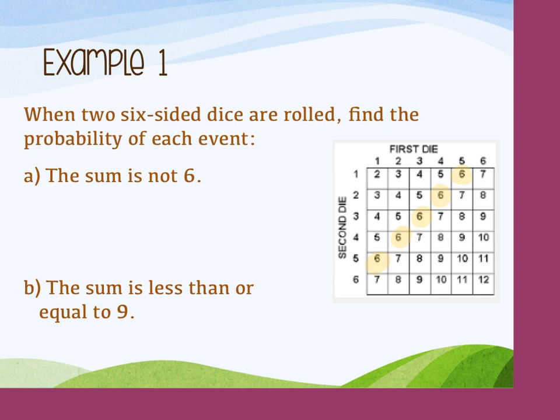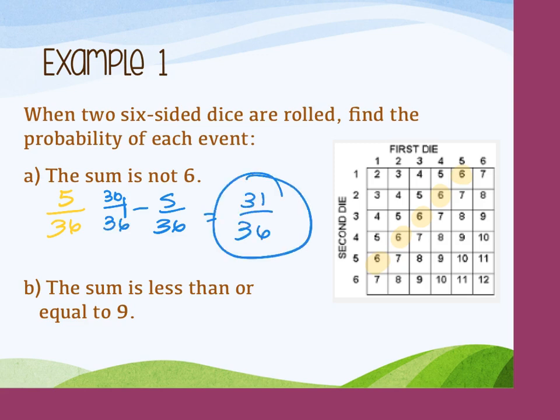This would be the complement to it. So 5 out of 36 is what I don't want, which means 1 minus 5 out of 36, or 36 over 36 minus 5 over 36, 31 over 36 is the complement to that, which is how I could also get this answer. So if there is more options of it not happening, you might choose to use the complement, which is what we just said.